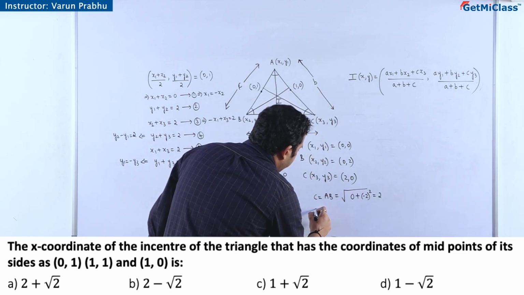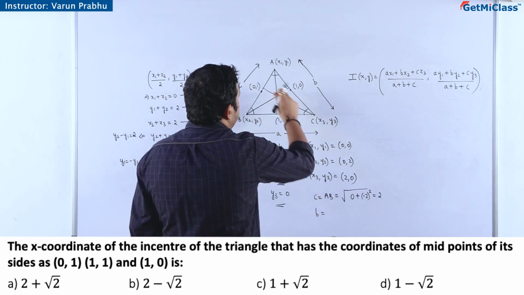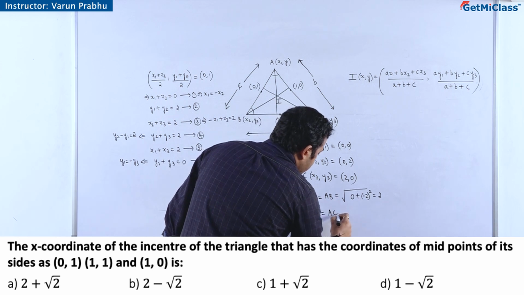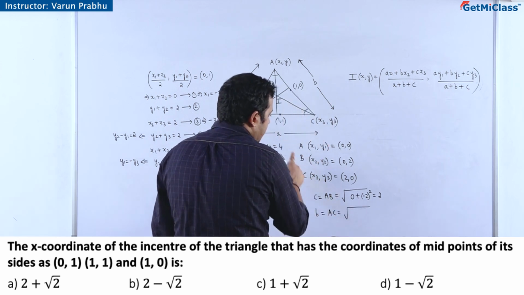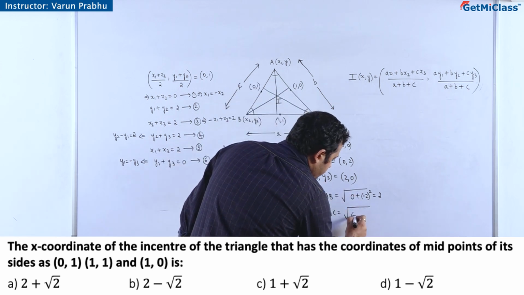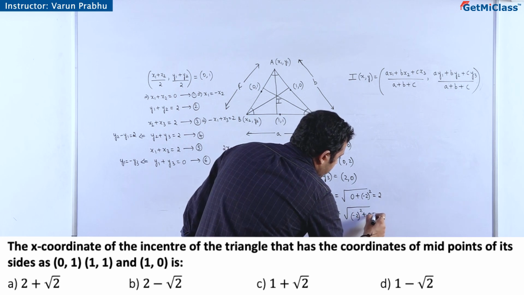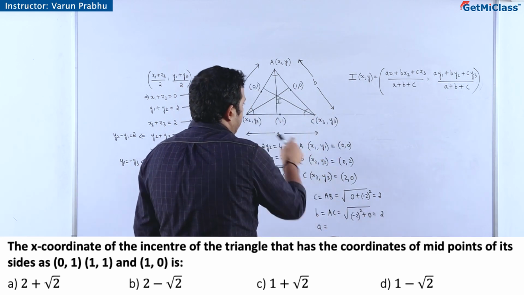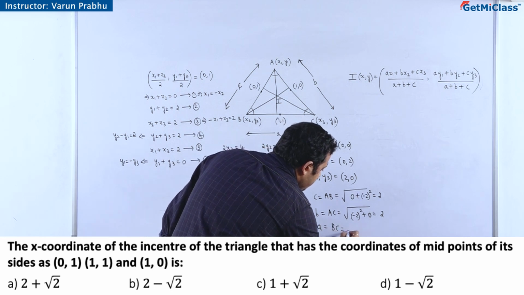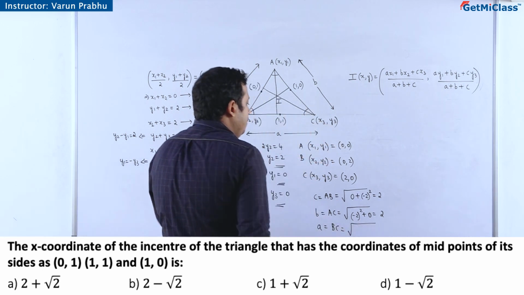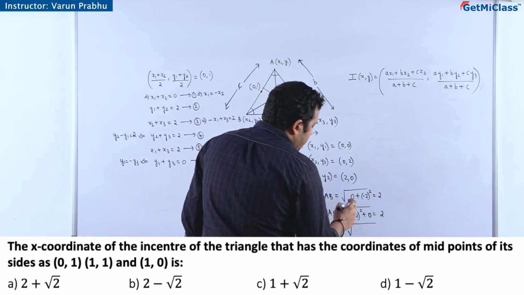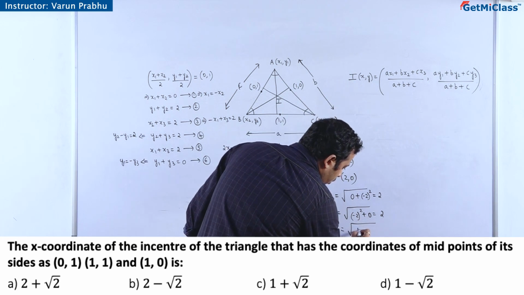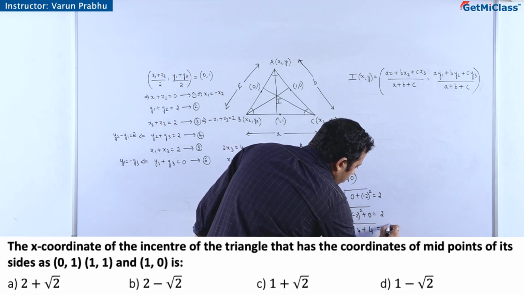So what is the value of b? b is nothing but AC, that is root of (0 minus 2) the whole square plus (2 minus 0)... that is equal to 2. And what is the value of a? a is nothing but BC, that is root of (2 minus 0) squared plus (0 minus 2) squared, so 4 plus 4, that is equal to 2 root 2, correct?